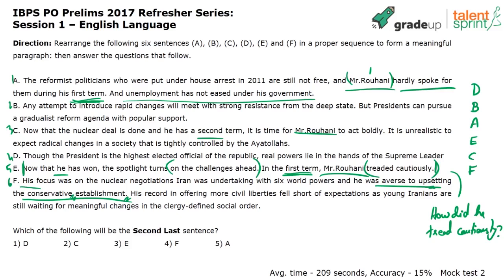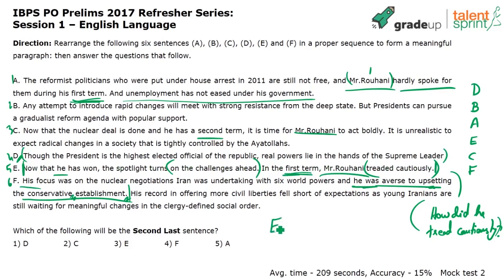So the two contexts that are answering how did he tread cautiously is F and A, where it says he was averse to upsetting the conservative establishment, and in his first term he did not do much for whatever the issues were. So instead of D, though the president is the highest elected official of the republic, real powers lie in the hands of the supreme leader, this context will come into place later.